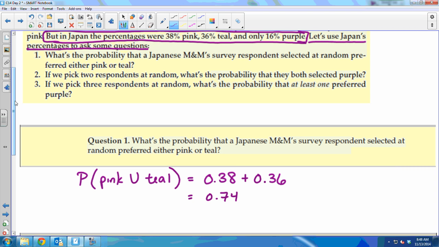You're right. It does equal 90. I'm going to go with that's a typo in the book.